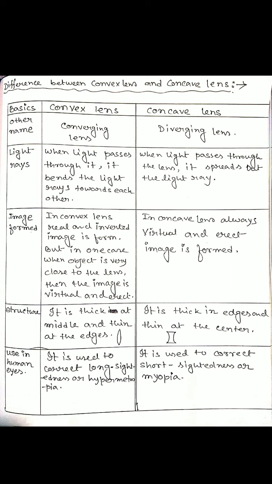And the concave lens is used to correct short-sightedness, or myopia. So there are so many differences, and the ray diagram difference also is there. This will be the difference between the convex lens and the concave lens.